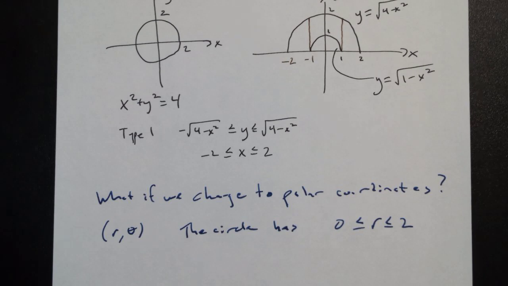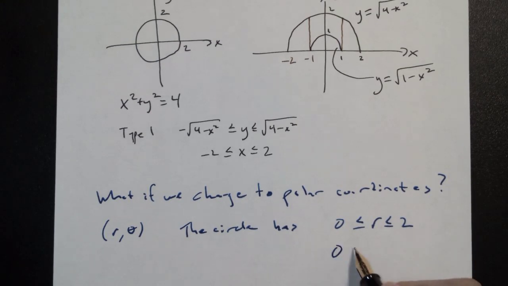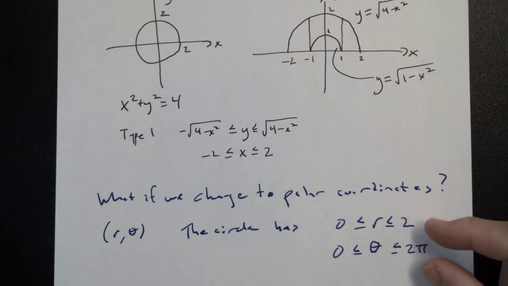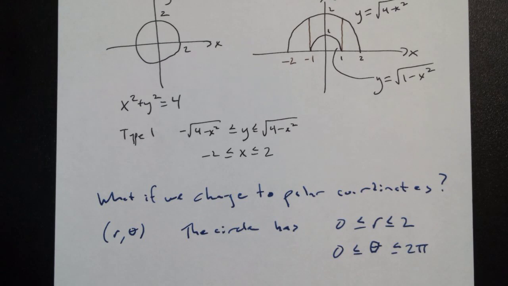I need to cover an angle total of 2 pi to go all the way around. So I could say, let's go from 0 to 2 pi. I could also just as easily say we're going to go from minus pi to plus pi, right? Or from pi over 2 to 5 pi over 2 to get all the way around the circle once. You don't have to have this particular set of angles, but this setup describes the circle.